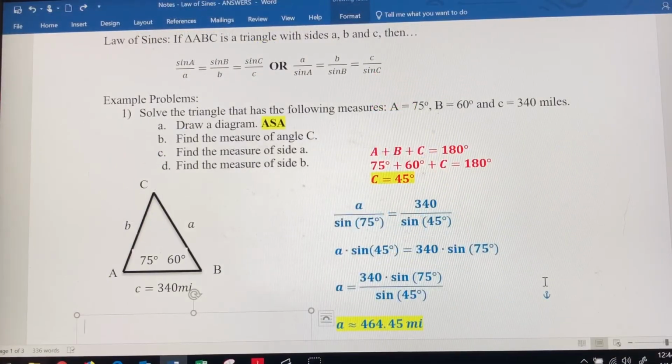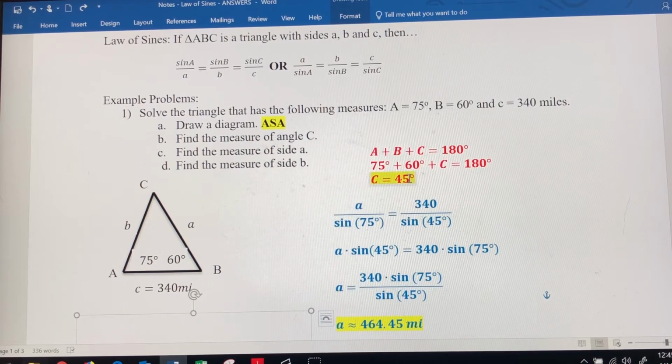Now we want to find the measure of side B. Again, we're going to choose two of these three ratios. Obviously, I need to use the second ratio because I'm looking for side B, and I want to use the third ratio here. I want to stay away from the ratio with A, and let me explain why. Side C was given to us.